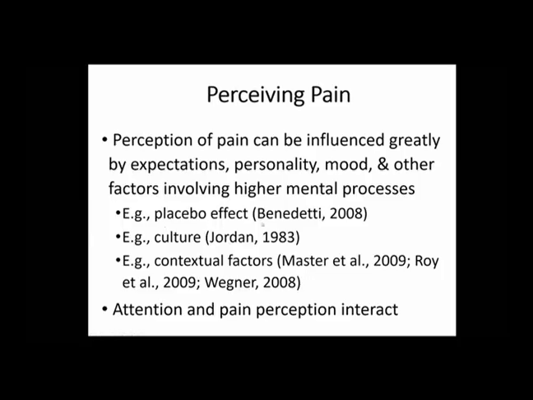So things like the placebo effect, which kind of plays on our expectations of something happening, can influence what we think is going to happen. You can tell someone that you're going to give them a needle injection and then just poke their skin, but they're going to react like you stabbed them with a needle because that's what they expected and that's what they assume that they got. There are also cultural differences.